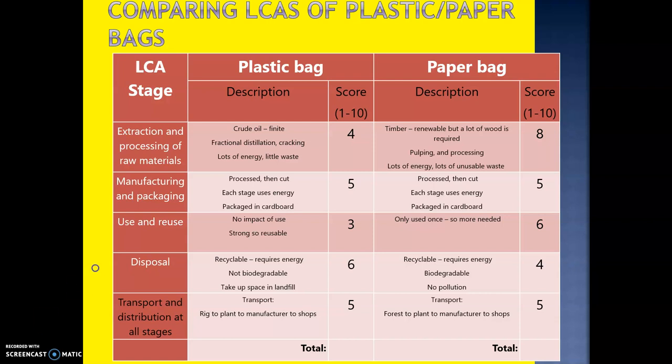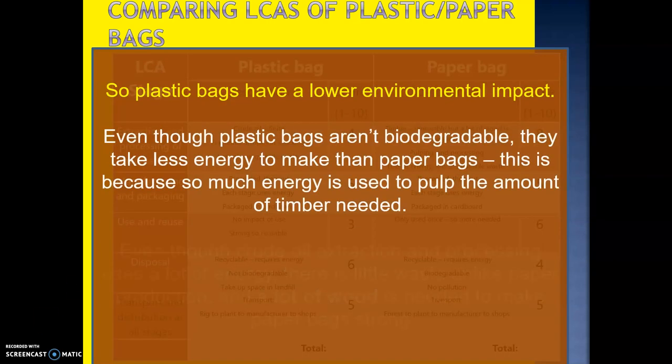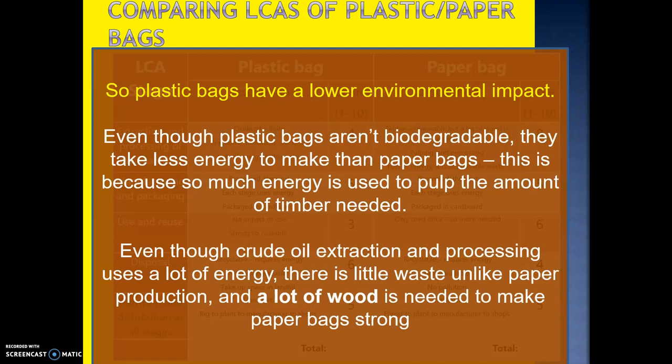And we'll move on to the final task. So just before I move on, just to overview this, plastic bags do have a lower environmental impact. Even though plastic bags aren't biodegradable, they actually take less energy to make compared to paper bags, in particular because paper bags use a lot of wood.